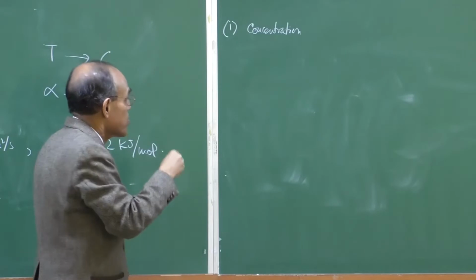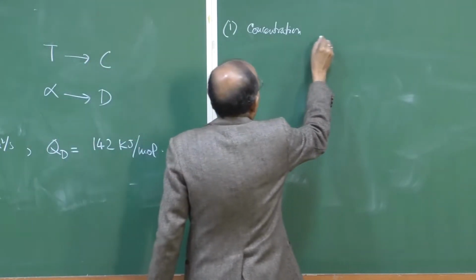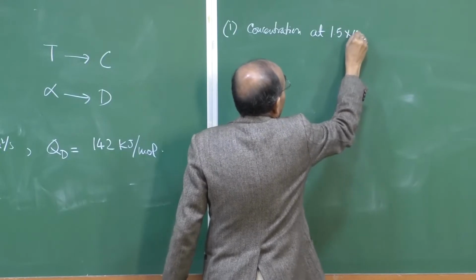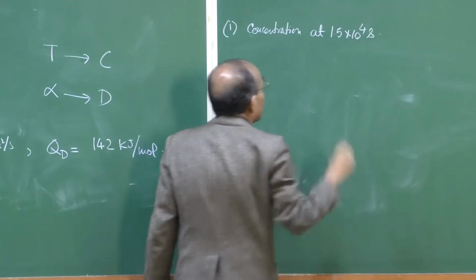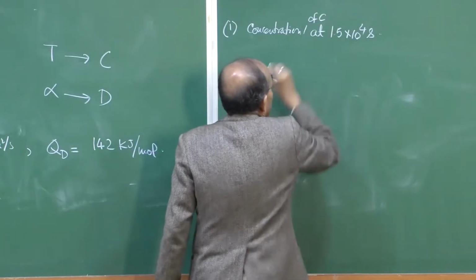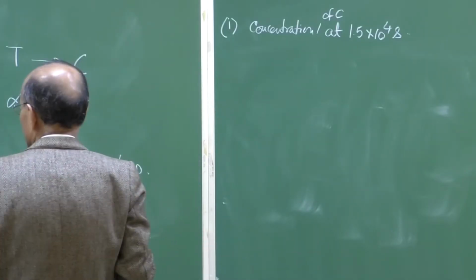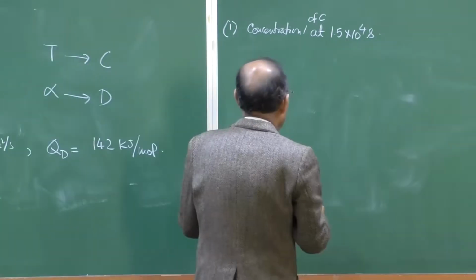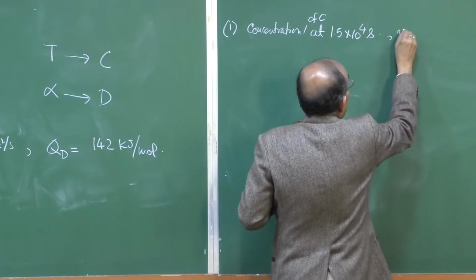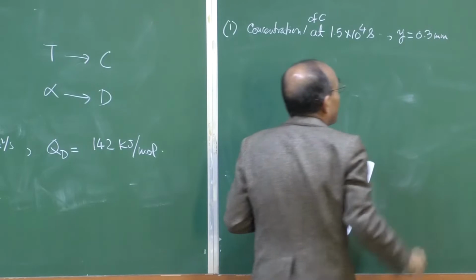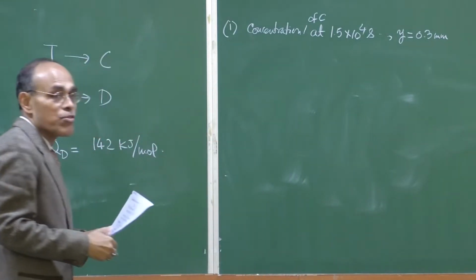So, that we are trying to address: the concentration at 1.5 times 10 to the power 4 seconds time, of carbon. Where we want to find the concentration, we would like to say that y is equal to 0.3 mm. That is the distance at which we want to find the concentration.